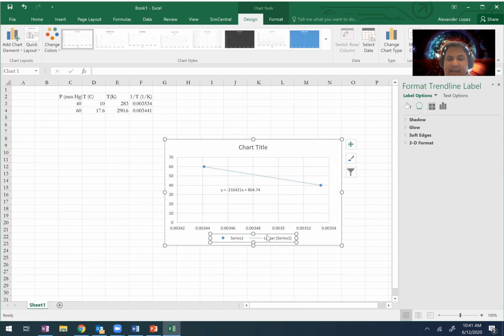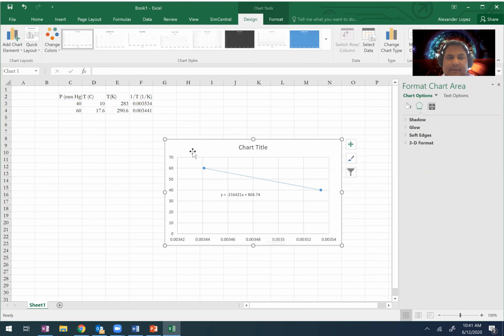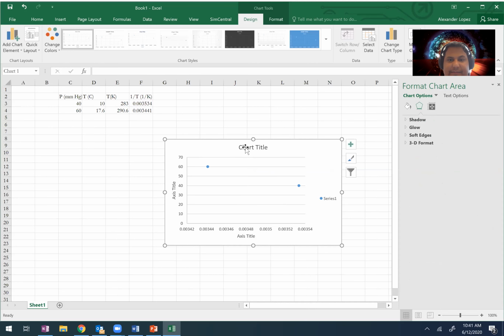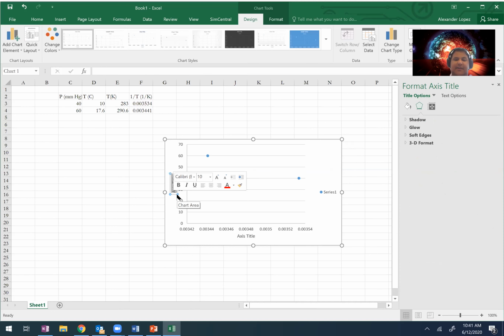So keeping in mind that the y-axis is in terms of millimeters of mercury, and the x-axis is in terms of 1 over temperature, and its units are 1 over Kelvin.